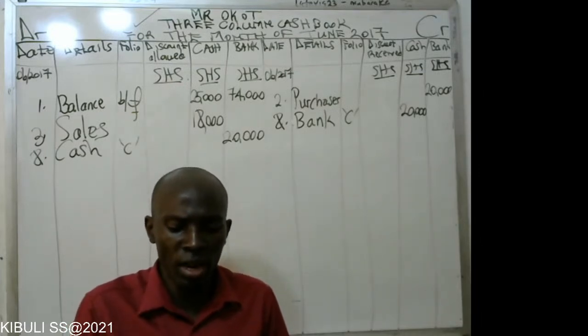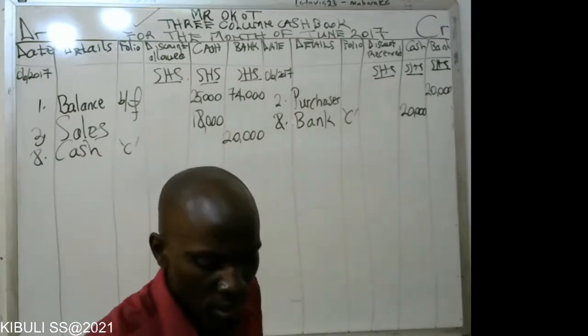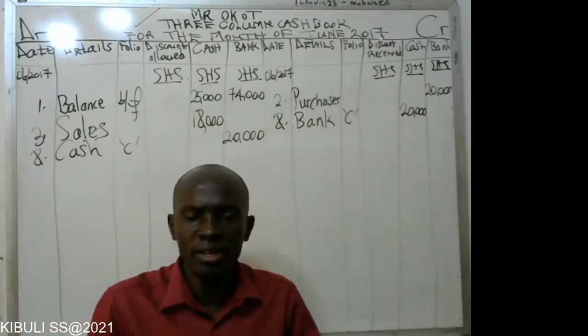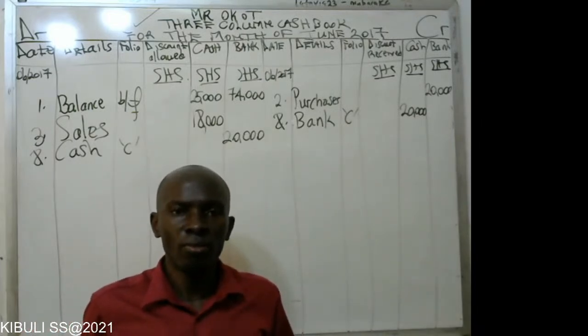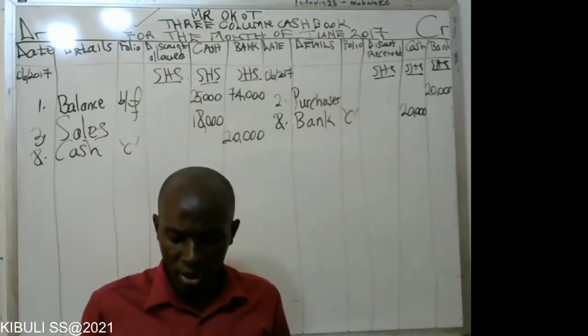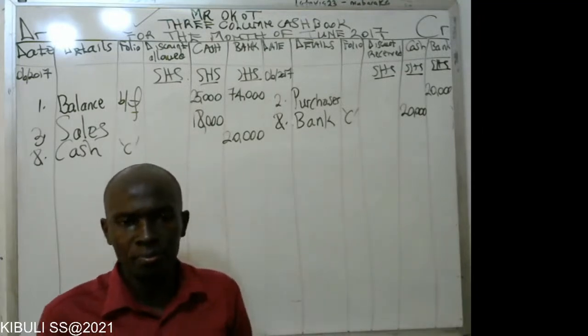Get a calculator and then you count. Get your discount. What is 5% of 40,000? 5% of 40,000. That is 5 divided by 100 times 40.